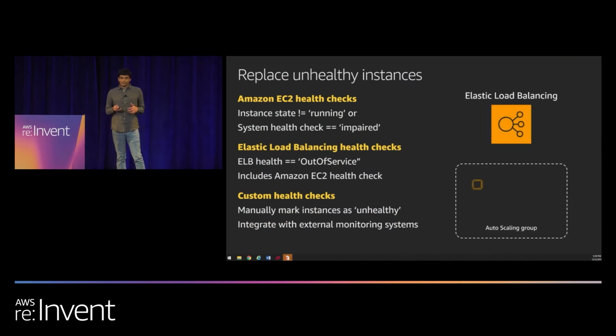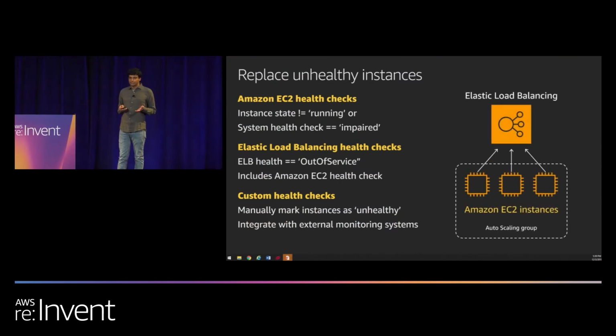ASG is integrated with both EC2 health checks and ELB health checks. If ASG detects that anything has gone wrong with the instance, if the health check has failed, it automatically detects that and is automatically able to replace it. That's why we see that customers who are launching even one instance will place it in an ASG and let it be managed by an ASG for this functionality alone.